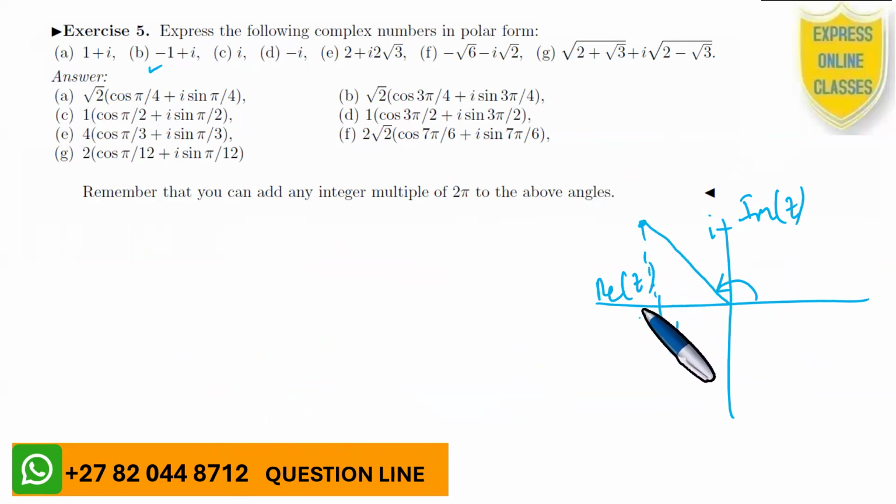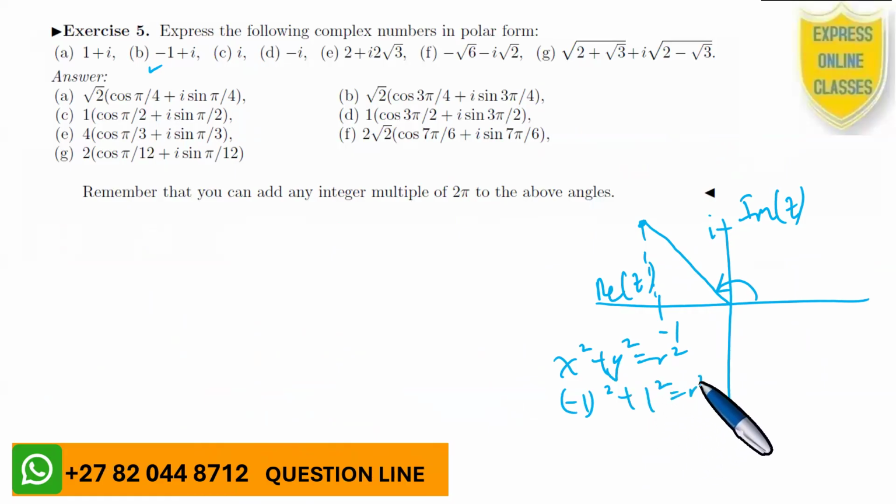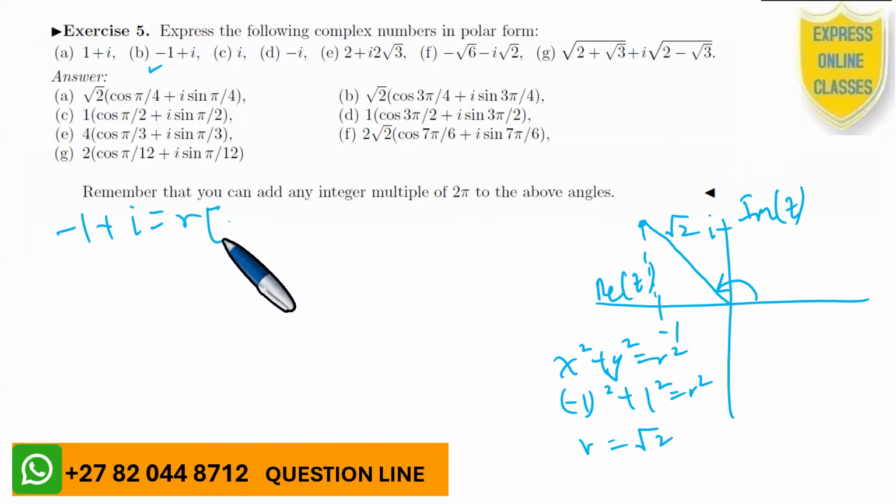So the x is minus 1, squared, plus 1 squared is r squared, which means r becomes the square root of 2. Given minus 1 plus i, you can always write it as r cosine theta plus i sine theta. By the Pythagoras theorem, the radius is the square root of 2 units.